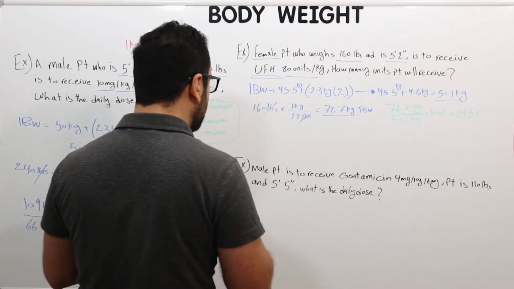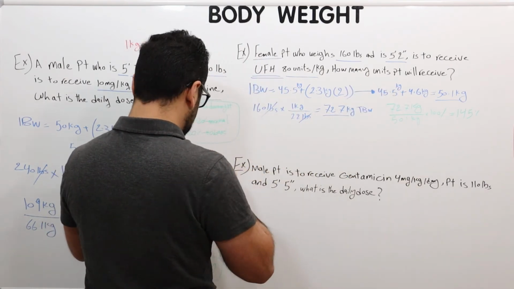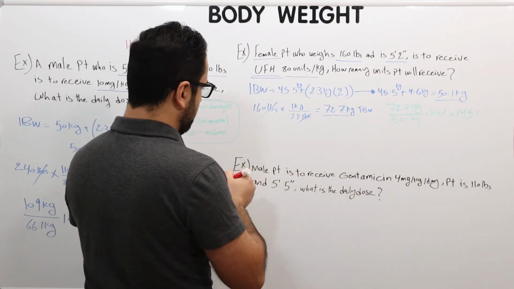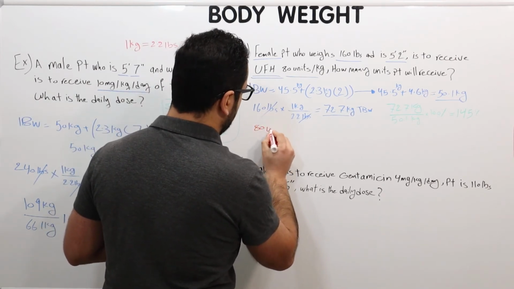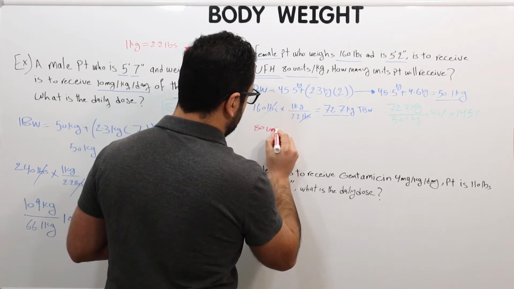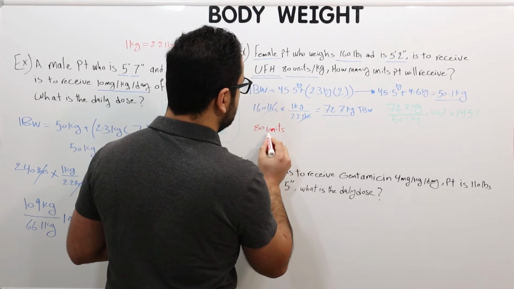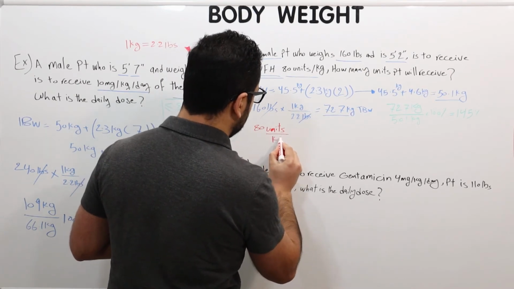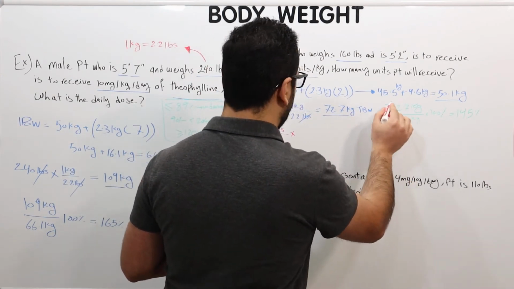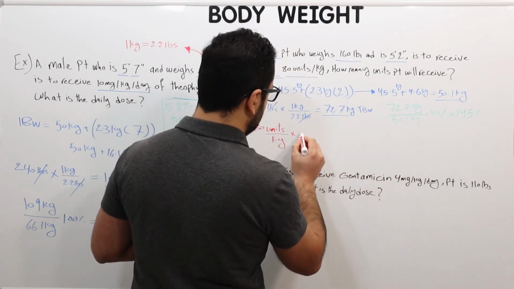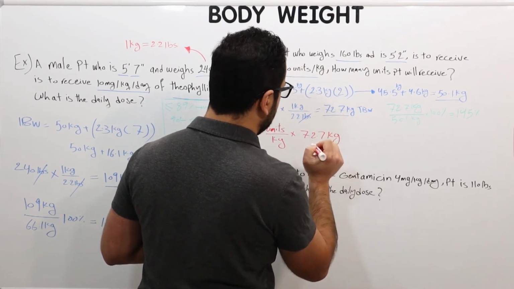So let's see over here. To calculate the number of units, we have 80 units per kilogram, right? And then we're going to multiply this by the total body weight, which is 72.7 kilogram, which is just right here.